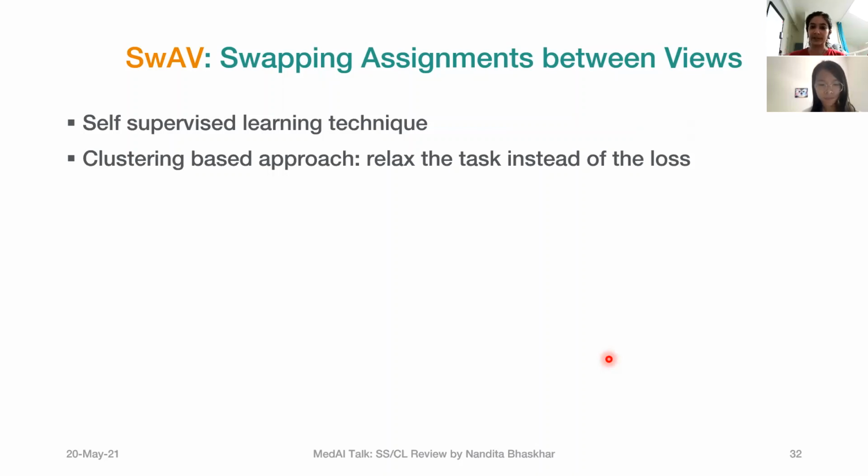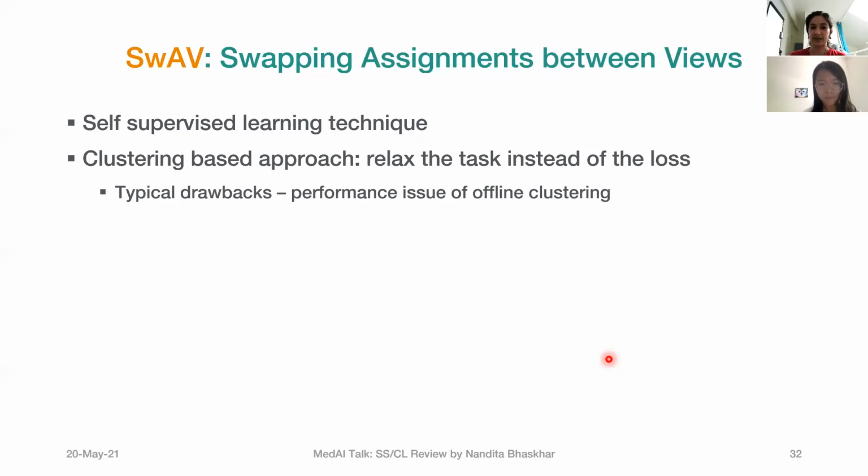But because that's computationally intractable, you take a large batch and say every other image in that batch is a negative sample. In that way, you're relaxing the loss a little bit. In the clustering-based approach, you're relaxing the task itself, because instead of treating every other image as a different negative sample, I want to treat different clusters as different entities.